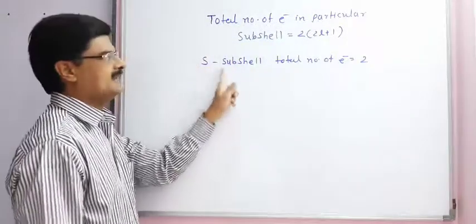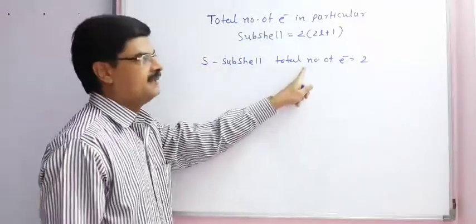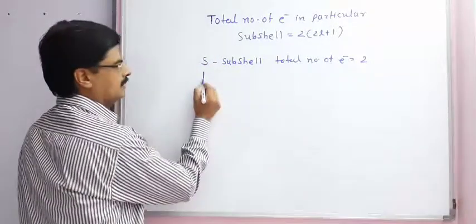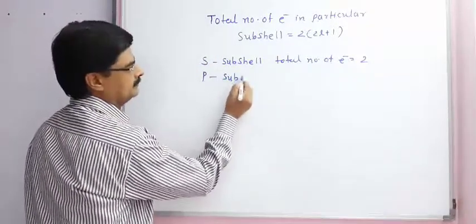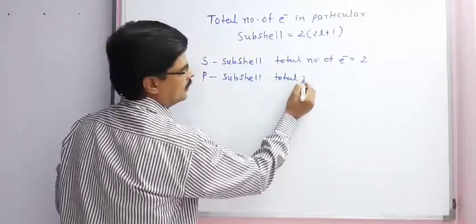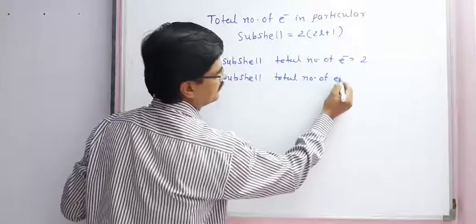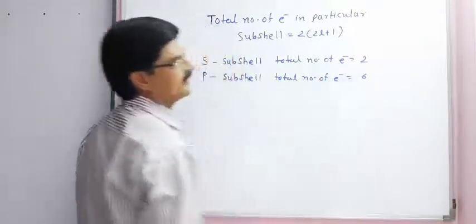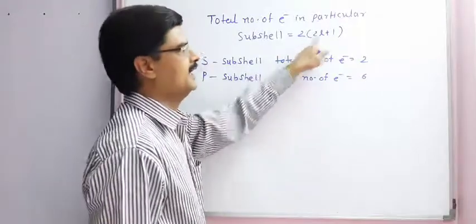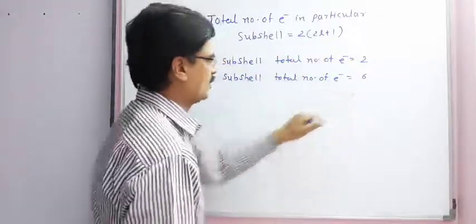That is why the s subshell will contain a maximum of 2 electrons. For the p subshell, the total number of electrons is equal to 6, because l is equal to 1, we will get 3 into 2, that is total 6 electrons.